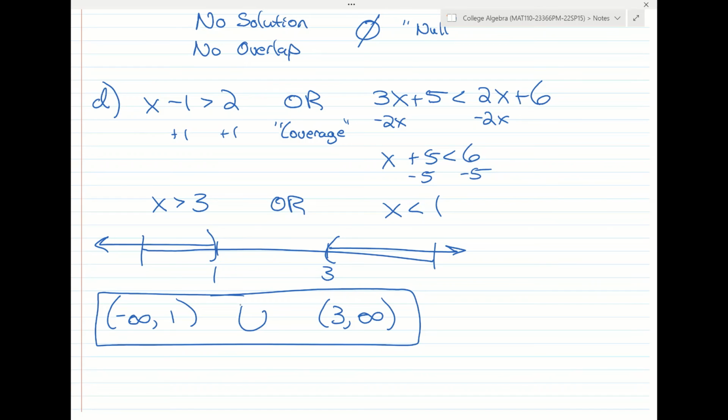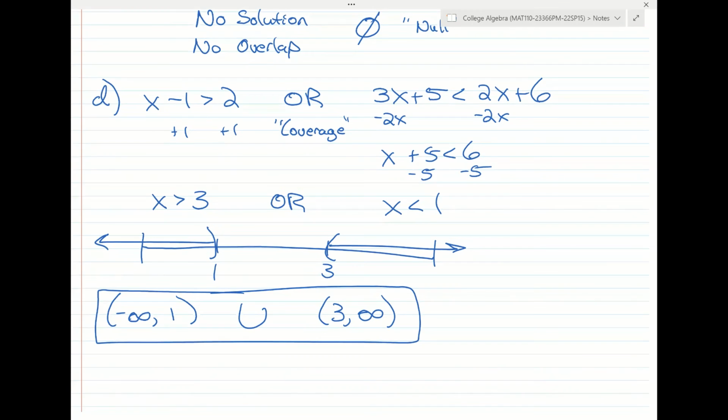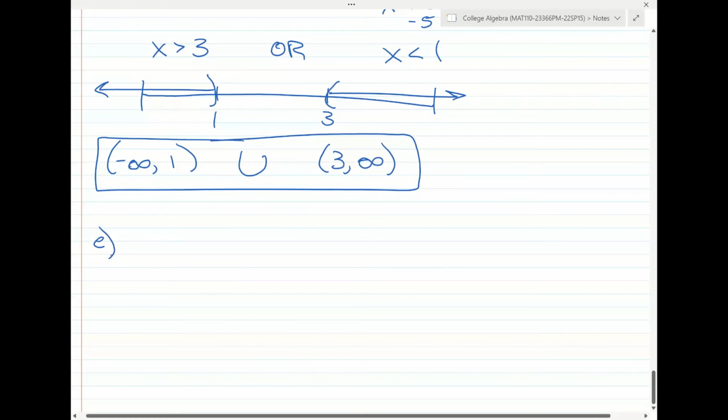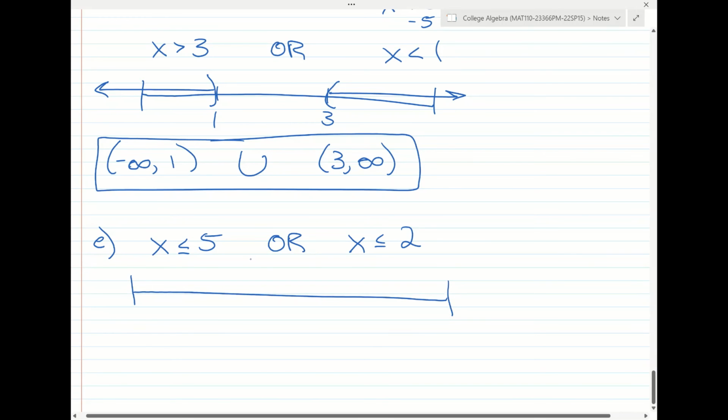There are a couple strange situations that happen with OR. What if we had a problem where it was x is less than or equal to 5, or x is less than or equal to 2? What would be the best answer for this? Remember, for OR, we're just looking for coverage.